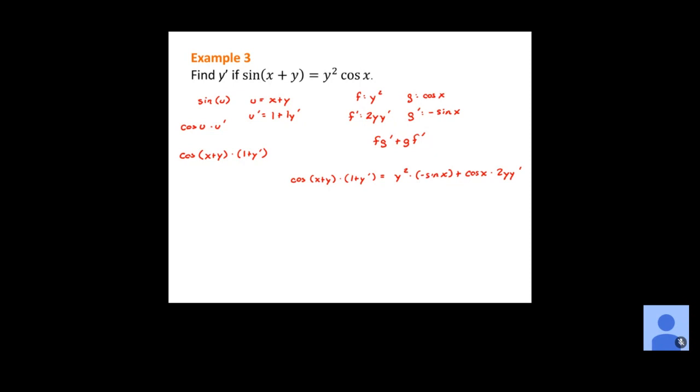Any questions up to that point about finding the derivative of either the left or the right-hand side? Okay, now we need to get y prime by itself. What are we going to have to do first if we're going to try to get y prime by itself?